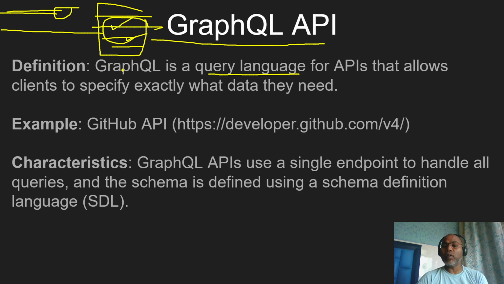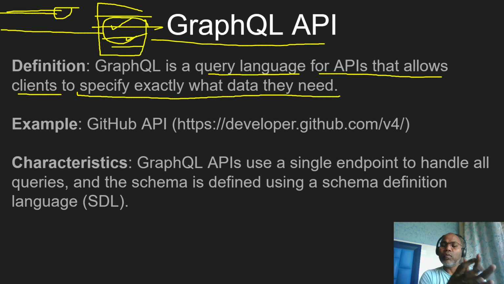So GraphQL is a query language for API that allows the client to specify exactly what data they need. GraphQL looks like SQL, which is used for getting specific data from the database. Similarly, GraphQL is the query language for the API.